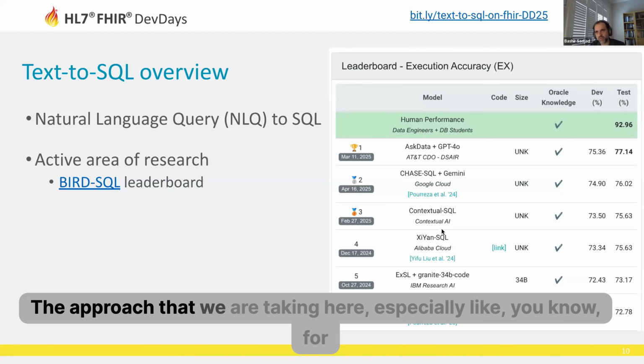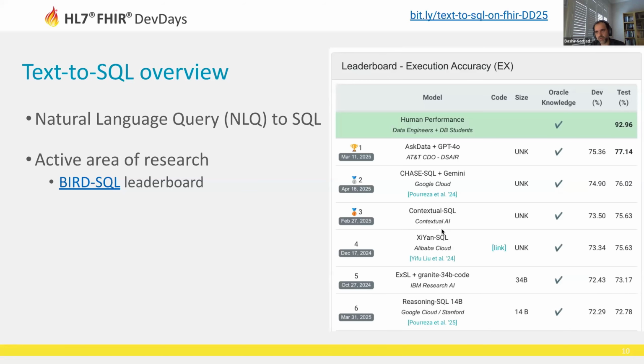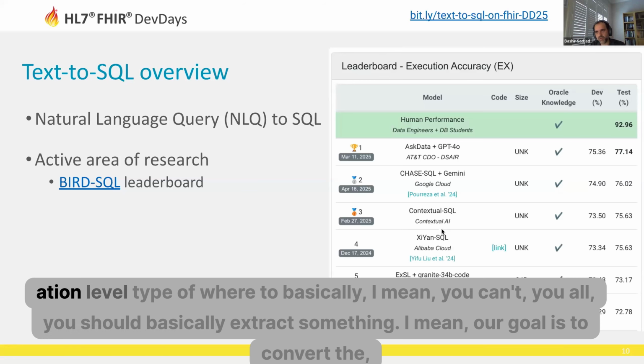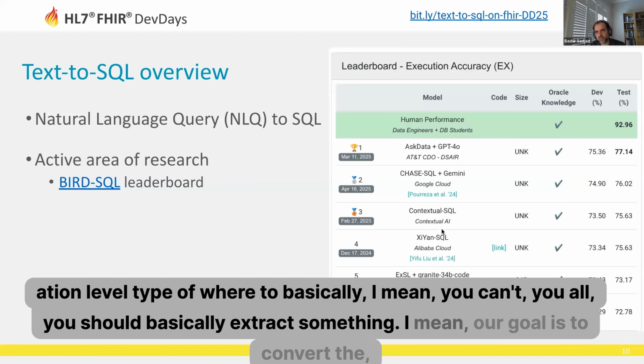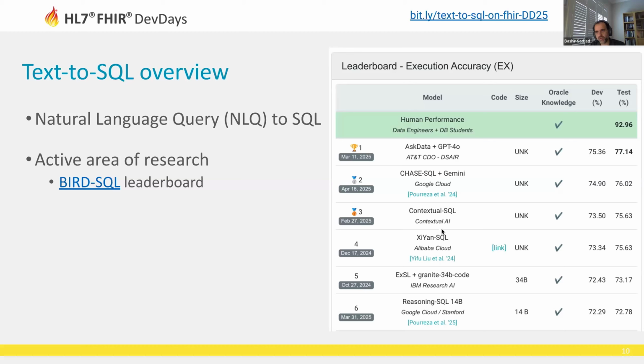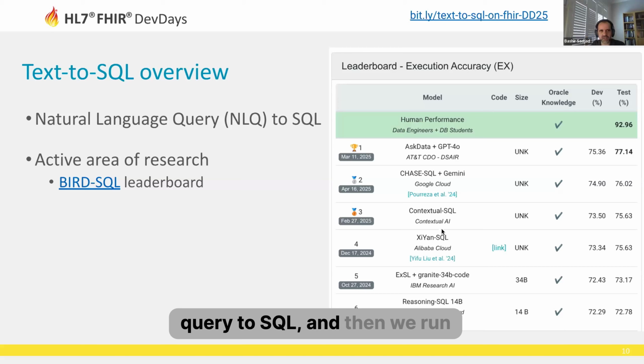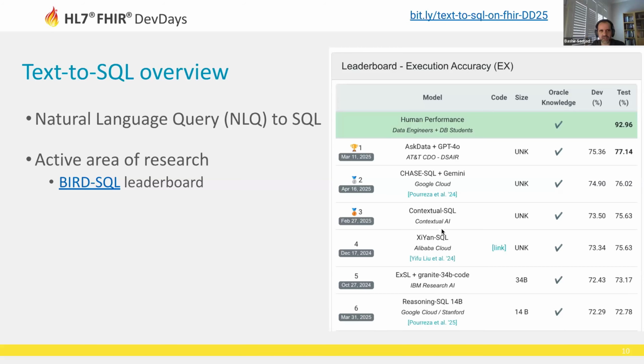The approach that we are taking here, especially for population level queries, is to convert the natural language query to SQL, and then run that SQL on top of the flattened data. I'll also talk a little bit about single patient type of queries.